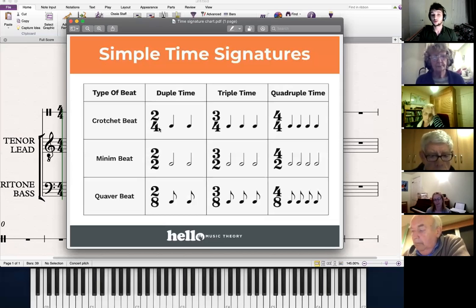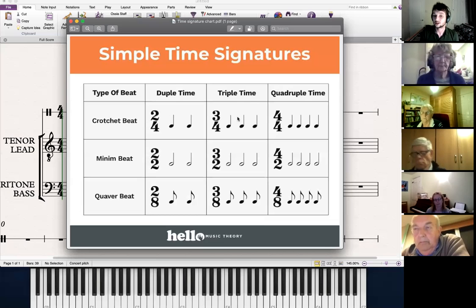So we'll have 2 crotchet beats in a bar, for this one 3 crotchet beats in a bar, and then 4 crotchet beats in a bar. So we would count 1, 2 for 2/4, 1, 2, 3 for 3/4, and 1, 2, 3, 4 for 4/4.